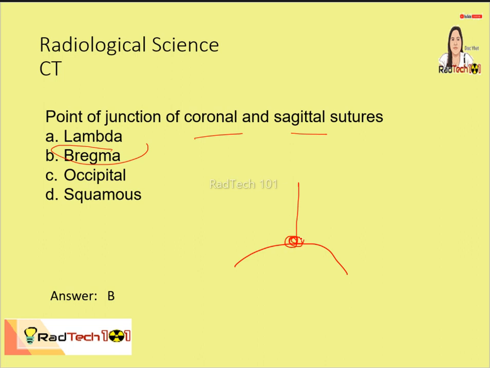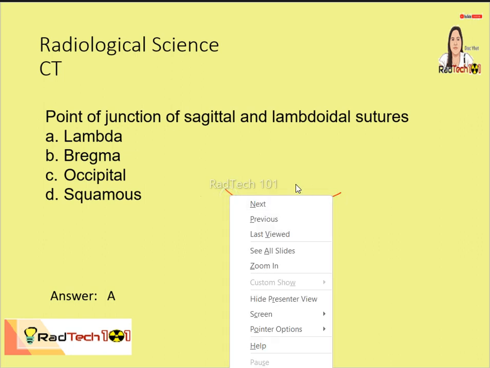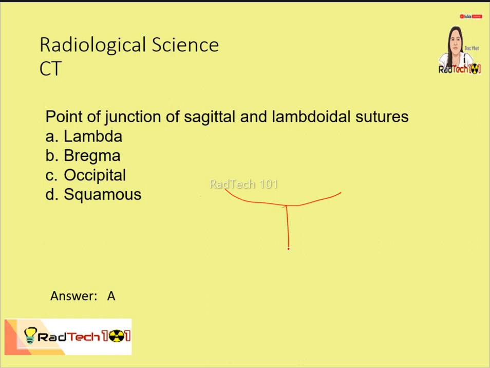So, this one is the bregma. Ito naman yung lambda sa likod. Next. So, sagittal and lambdoidal. Okay, so, lambdoidal, tapos sagittal. Ito yung ating lambda.